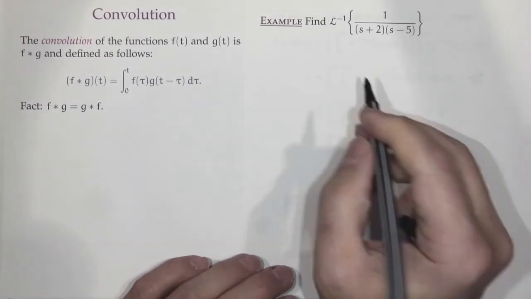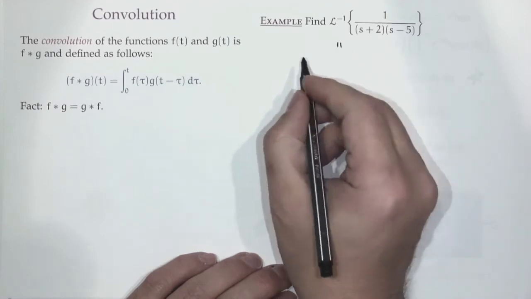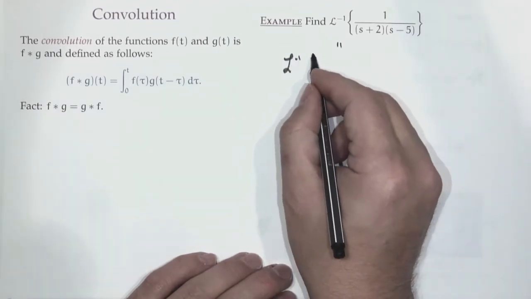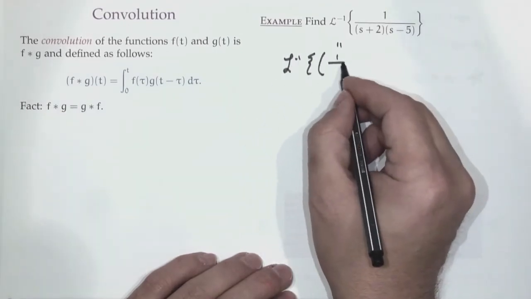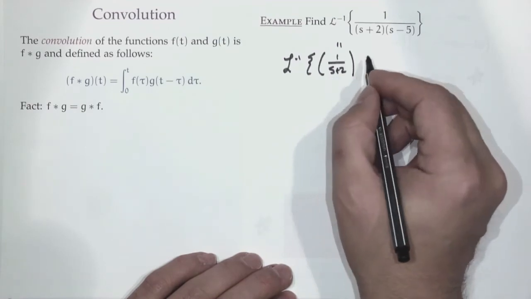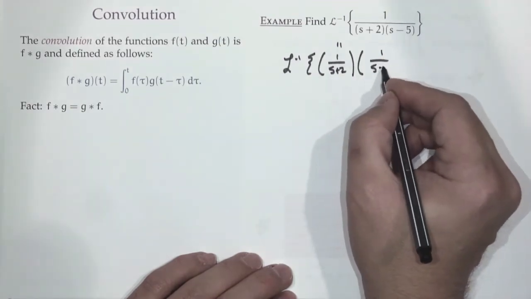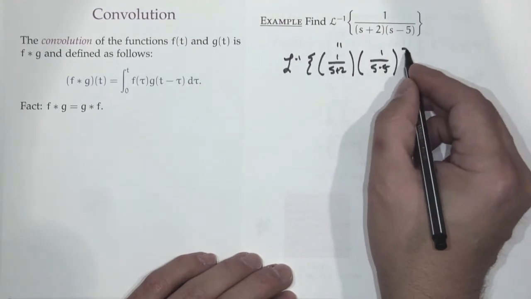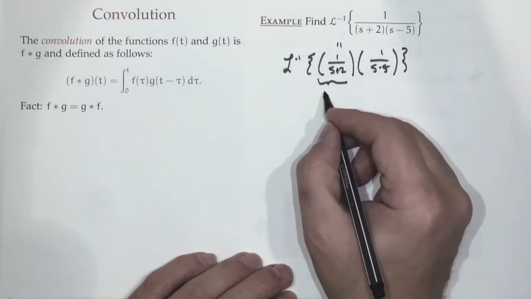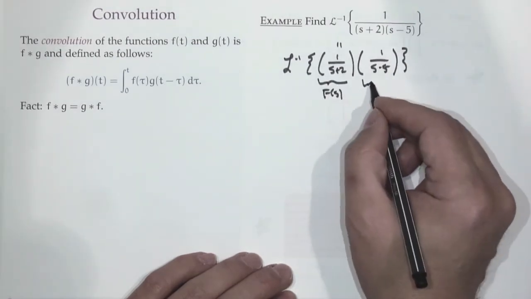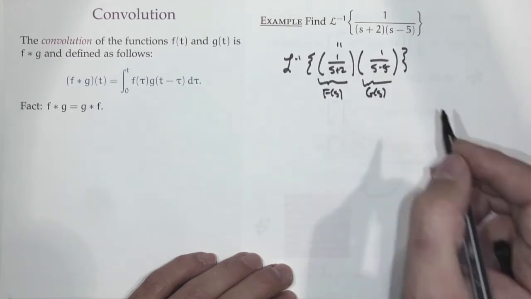So what can we do here? Well, we can think of this as the inverse Laplace of two things multiplying, 1 over s plus 2 and 1 over s minus 5. So in other words, we're thinking of this as our F of s and our G of s.